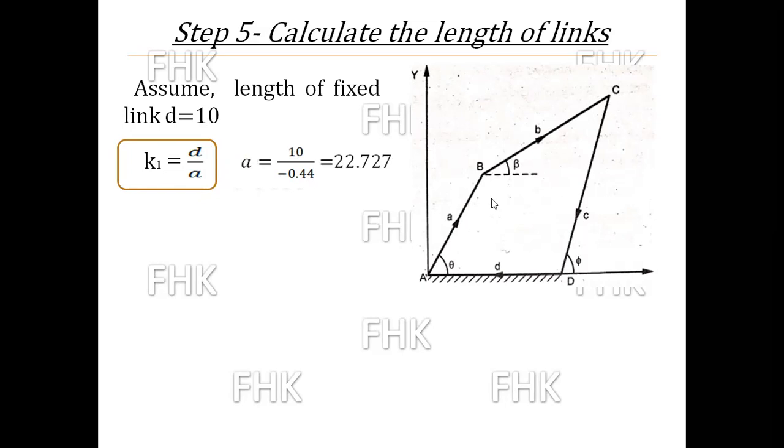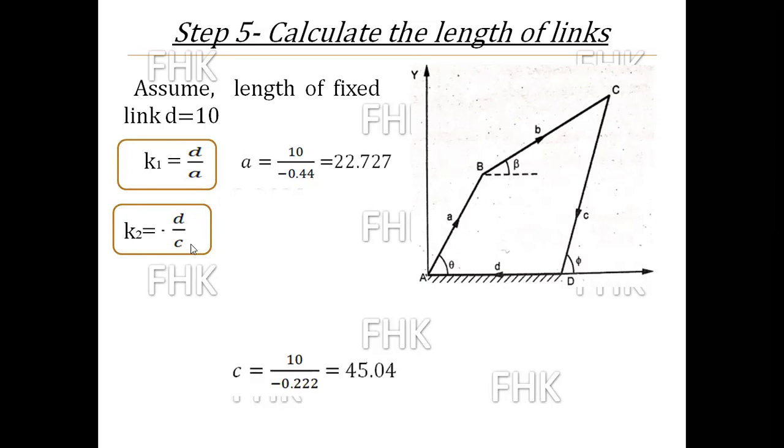Now to find the value of c, which is the output link, K2 is equal to d divided by c, the ratio of the length of the fixed link divided by the length of the output link. Remember that point. Putting the values of K2 and d, I get the value of c, the length of the output link, equal to 10 divided by minus 0.022.